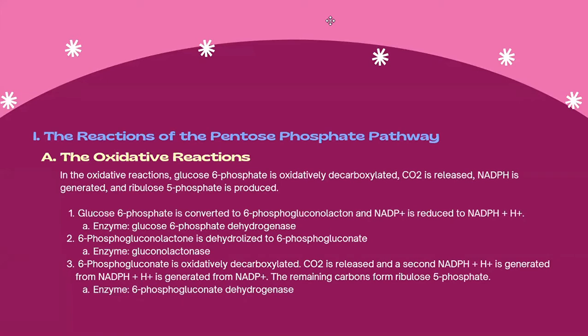The reactions of the pentose phosphate pathway, the oxidative reactions, the first two enzymes. You just look at the pathway there, and you can see the enzymes involved. And the products of your oxidative reactions are carbon dioxide and NADPH.